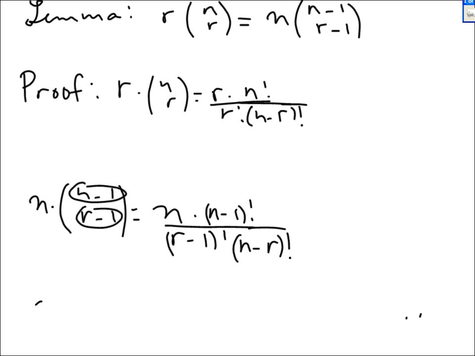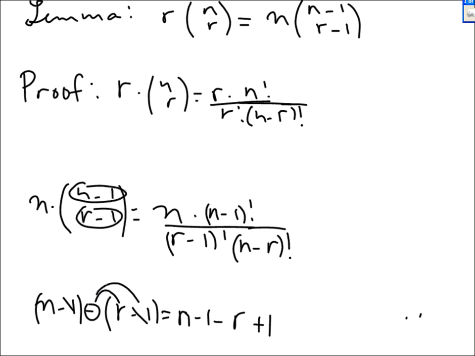So the difference is n minus r. A lot of you would even go further: n minus 1, you take away r, you take away minus 1, which means you add 1. The ones are going to cancel.